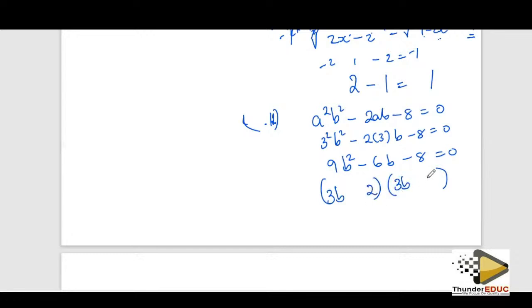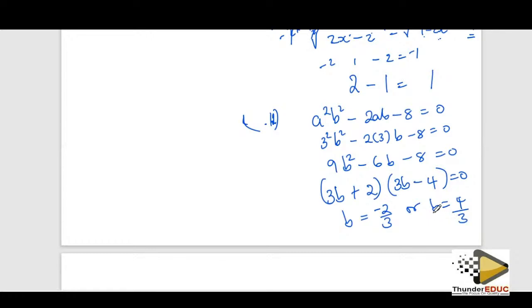You can have a 2 and I can have a 4 to give me 8. If I put a plus here, it's going to make sense. No, that can be a plus. If I use a minus in this case, then I use a plus. That's 9, that's going to be minus 12 plus 6 minus 6, that minus 8. So which means B is going to be negative 2 over 3, or B is just going to be 4 over 3.